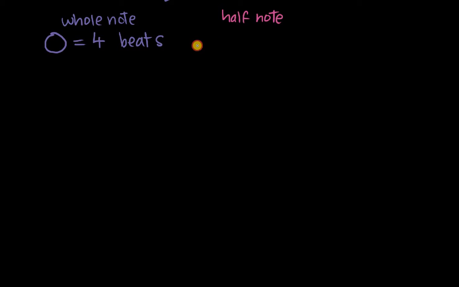We have 3 basic notes. The first one is a whole note, and it is equal to 4 beats. The second note we have is a half note, and it is equal to 2 beats.